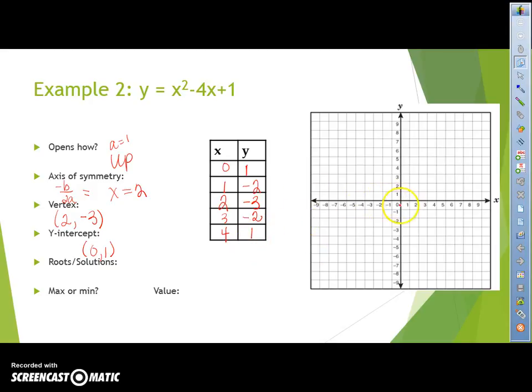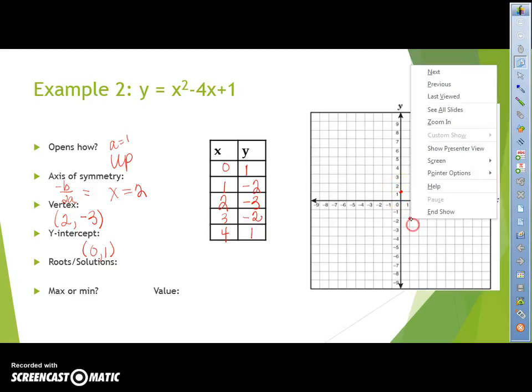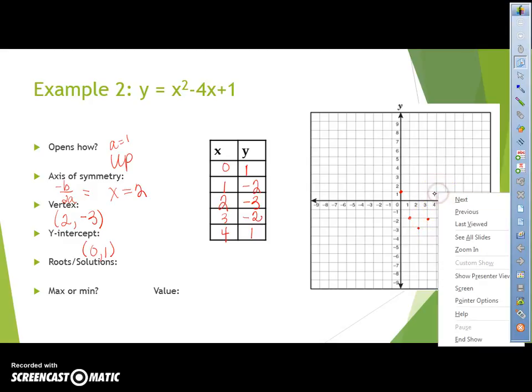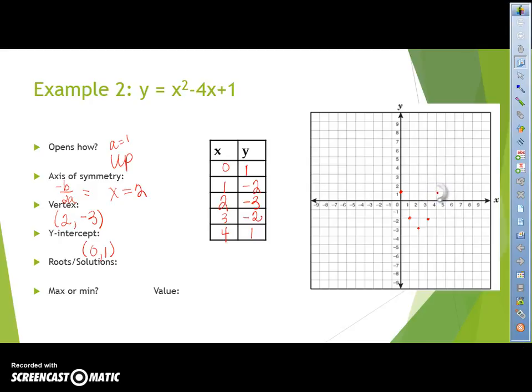So let's go ahead and graph what that looks like. 0 and up 1. 1, -2, 2, -3, and then 3, -2, and then we have 4 and 1. Sorry guys. Okay, so here's our graph.